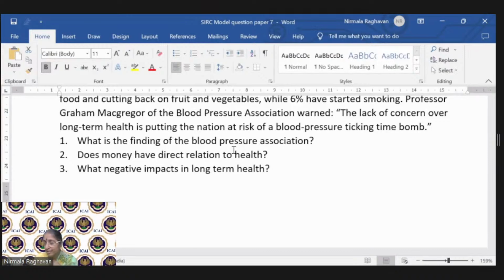Does money have direct relation to health? Question number 3. What negative impacts in long-term health?